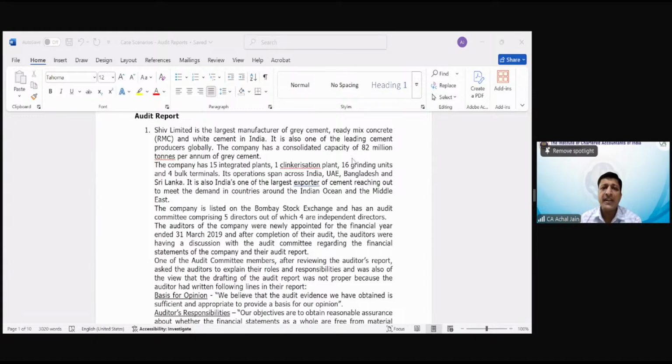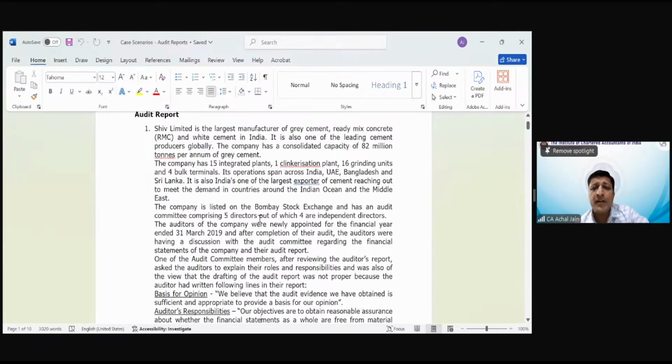Now there's a company which is a manufacturer of cement. The company has various plants and its operations are spread across locations in India and outside India. This is a listed company and has an audit committee comprising 5 directors.